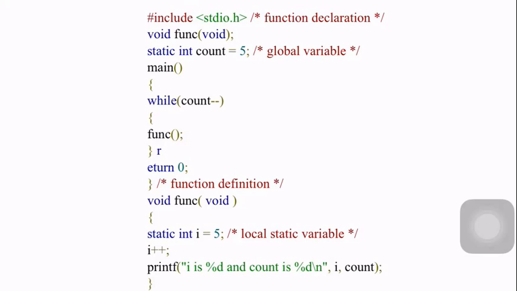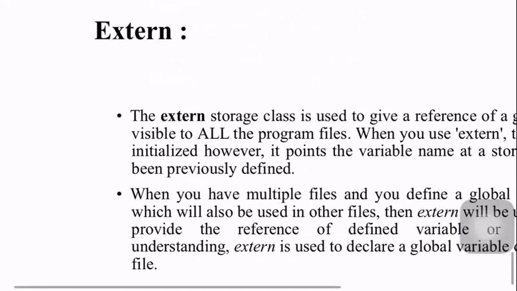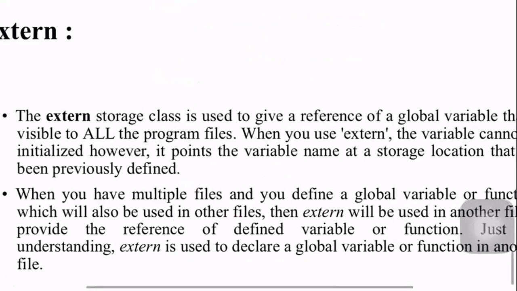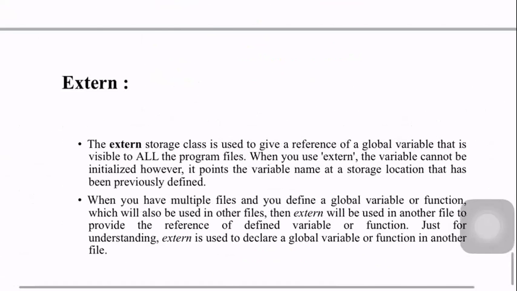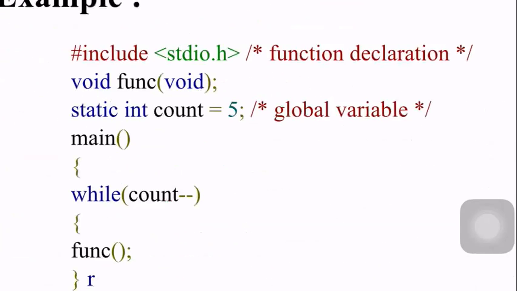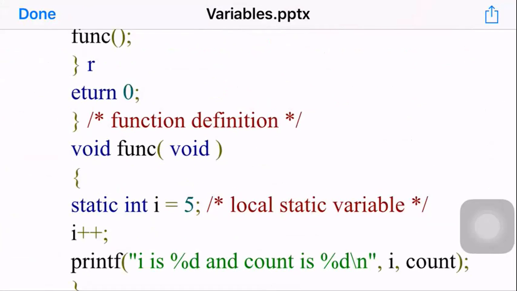Now coming to extern. The extern storage class is used to give a reference to a global variable. Global variable means here we are declaring static int count is equal to 5 before the main, and inside the main we are declaring the local variable.